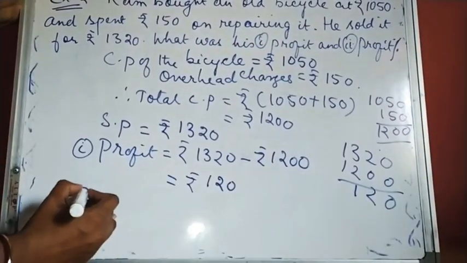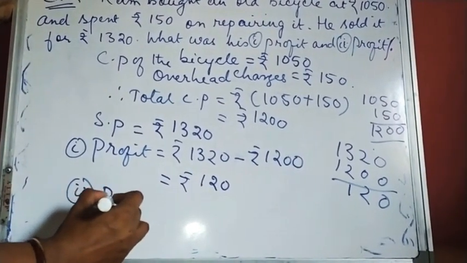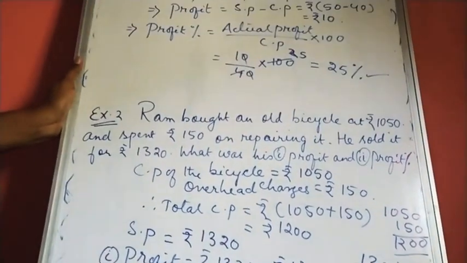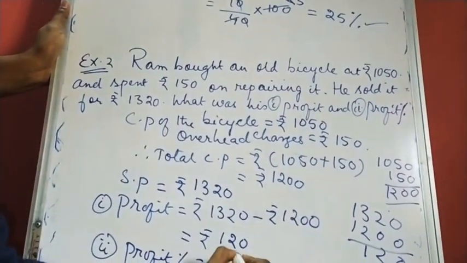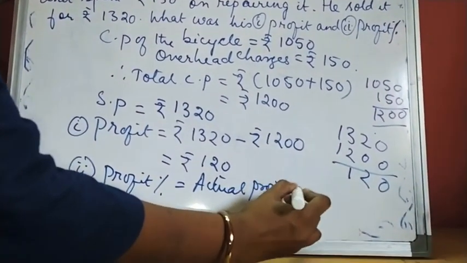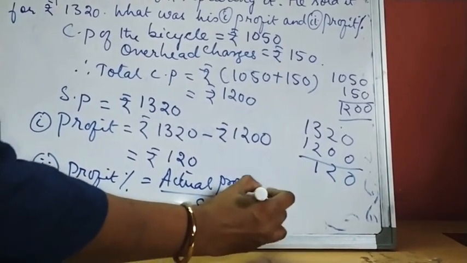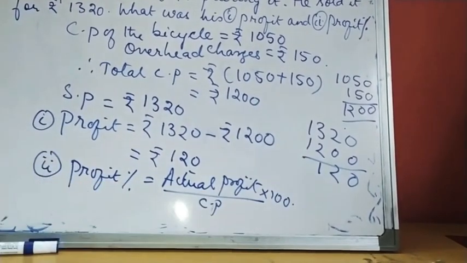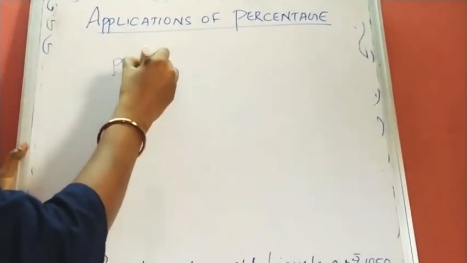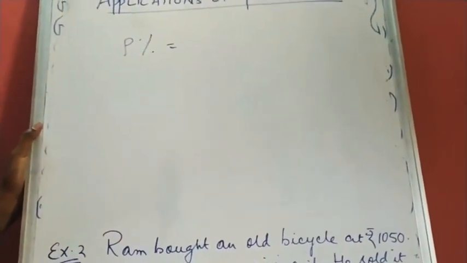Now profit percent. Like we had already done in the previous question, in the same way, profit percent is equal to actual profit upon CP into 100. How much have we got?